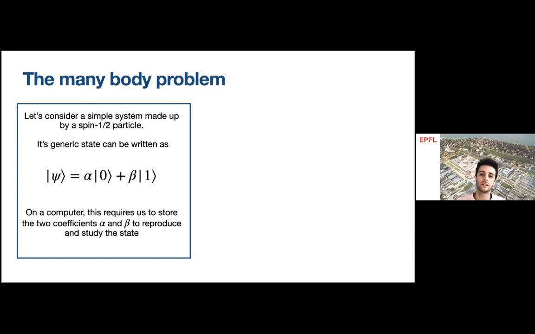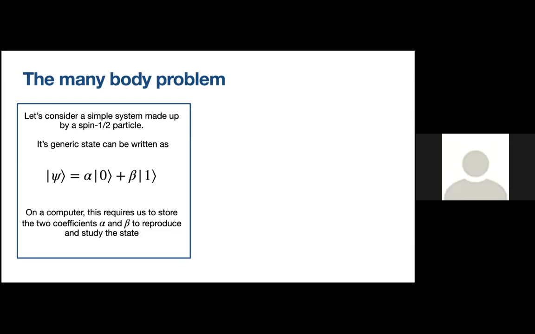And we know that its generic state can be written as a linear combination of two basis states, spin up and spin down, which here I have represented in the quantum information formalism with 0 and 1.